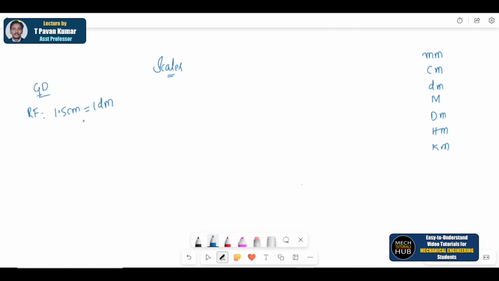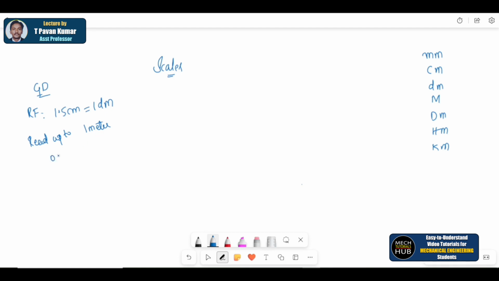Now if this is the case, then we need to find the RF first, followed by the maximum length or read up to distance, which will also be given. So I call it read up to a distance of 1 meter, and show on it a length of 6 decimeters, or I can say 0.6 meters.